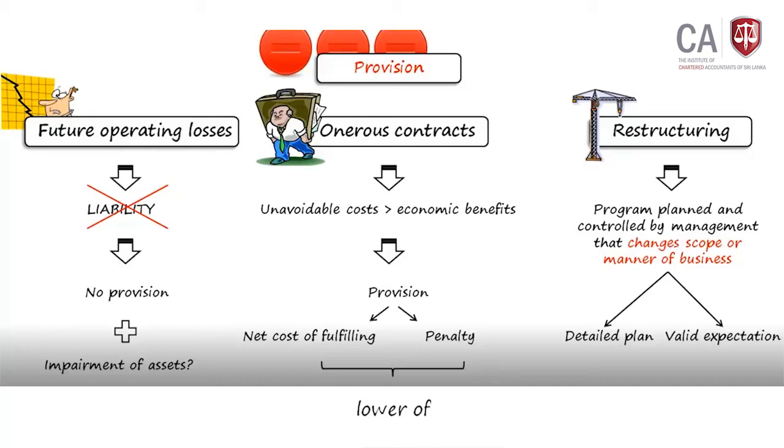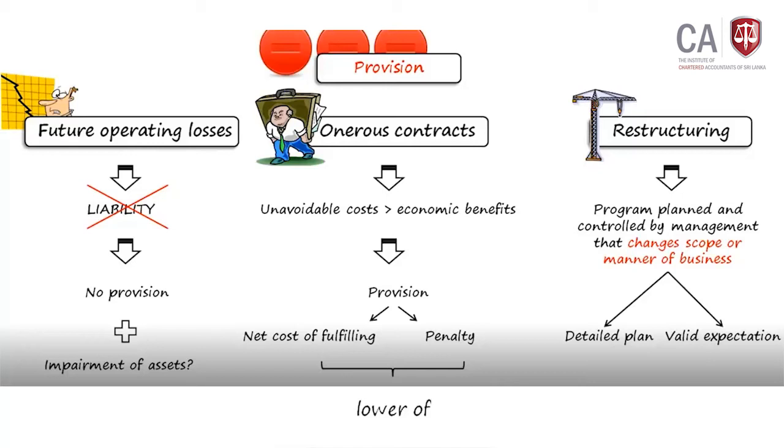Today your assets may be impaired, which means the carrying amount of assets may be higher than the recoverable amount. If so, you have to identify that impairment loss in your books, but no provision for future operating losses.